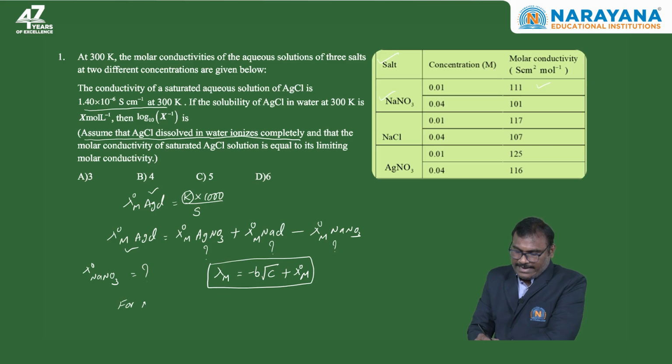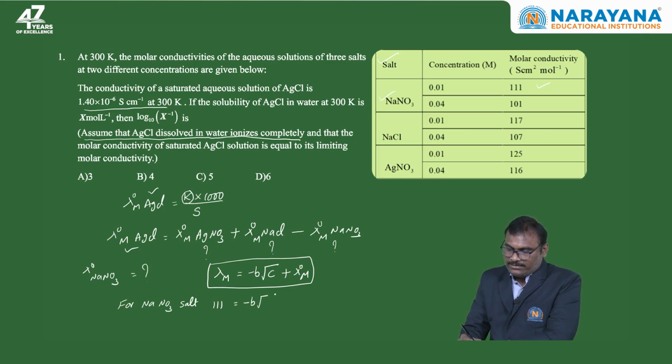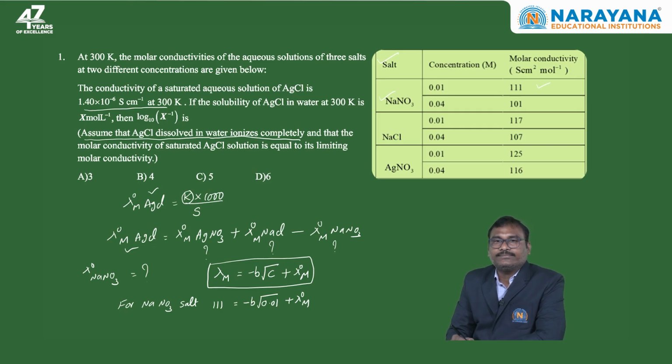For the NaNO3 salt solution, lambda m 111 is equal to minus b square root 0.01 plus lambda naught m. This is at concentration 0.01.